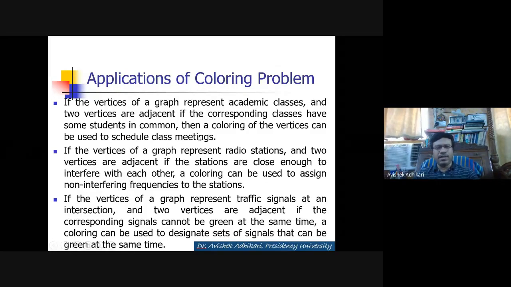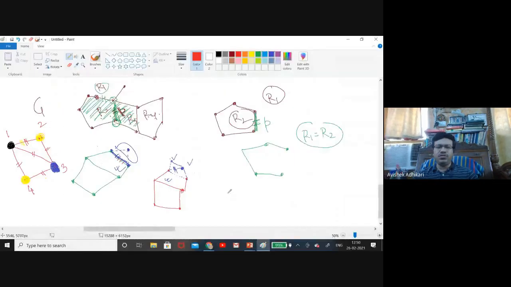Okay. Another thing is that if the vertices of a graph represent radio stations. So for example, nowadays you all listen to FM. So if you have FM, then you must know that there must be some frequencies, say 92.6, maybe 98.3, and so on. So they are all frequencies. Now, for example, one FM station has frequency 98.3, another maybe 98.4, and maybe another radio station is 98.2.